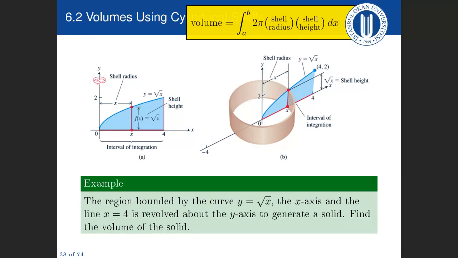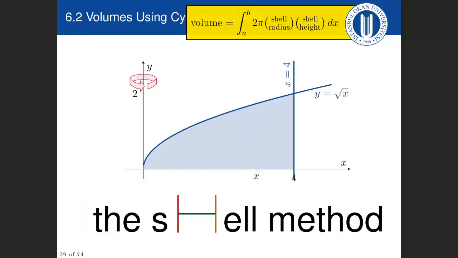The region bounded by the curve y equal to the square root of x, the x-axis and the line x equal to 4 is revolved about the y-axis to generate a solid. Find the volume of the solid. We zoom in on our region.